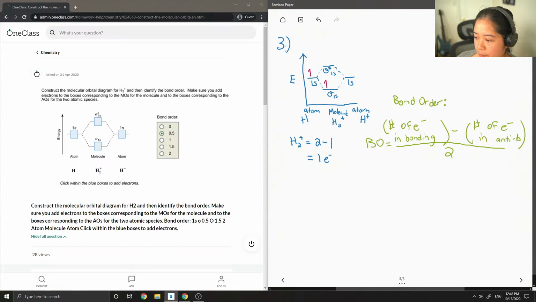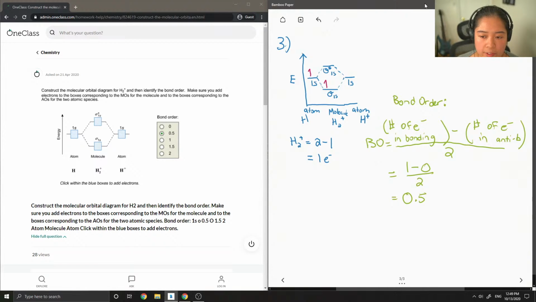This is BO. So in our case, we have 1 electron in the bonding, and we have 0 in the anti-bonding, so that's sigma star. Divide that by 2, and we get a bond order of 0.5.